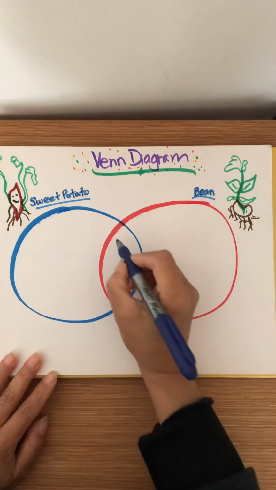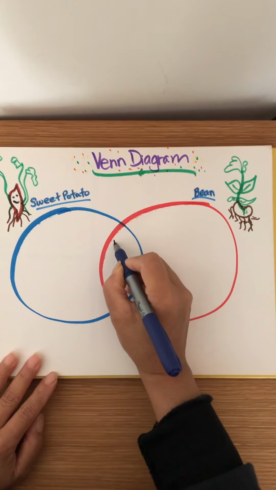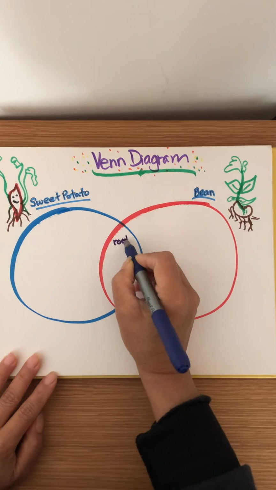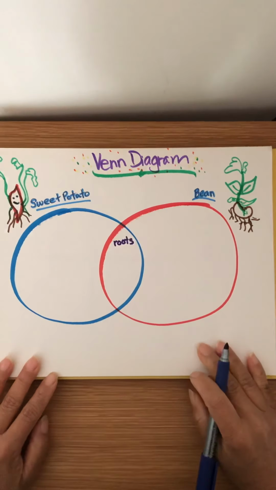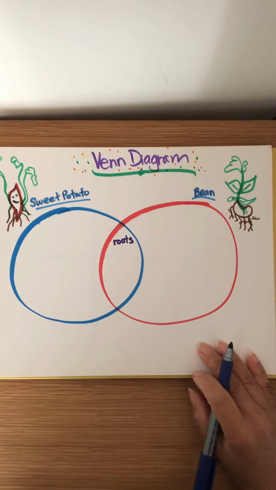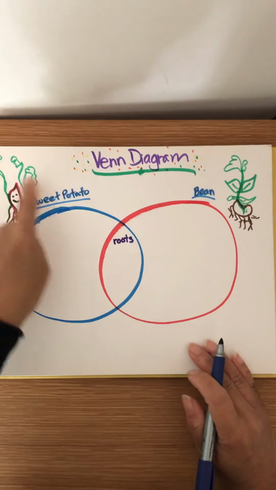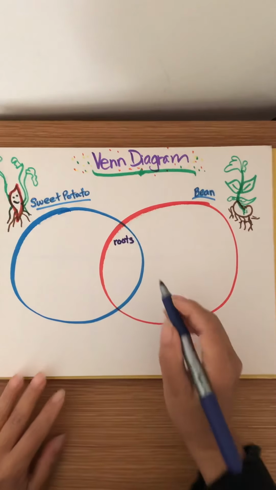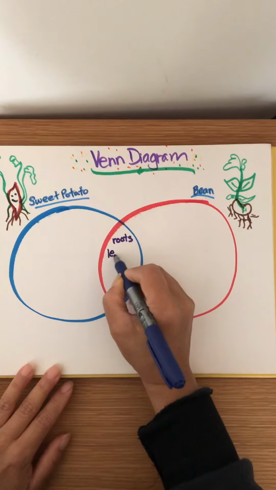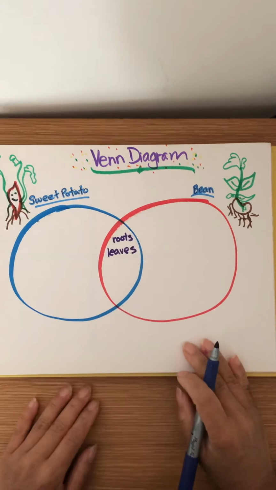So what is the same about them? You're going to make a list. One, they have roots. Both of them have roots. That's one thing that is the same about them. What else do you see that's the same about them? I see leaves, so they both have leaves. Miss Izzy's going to write that. What else do you see?